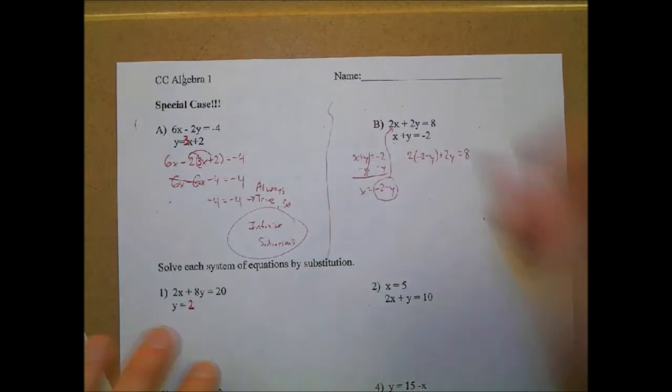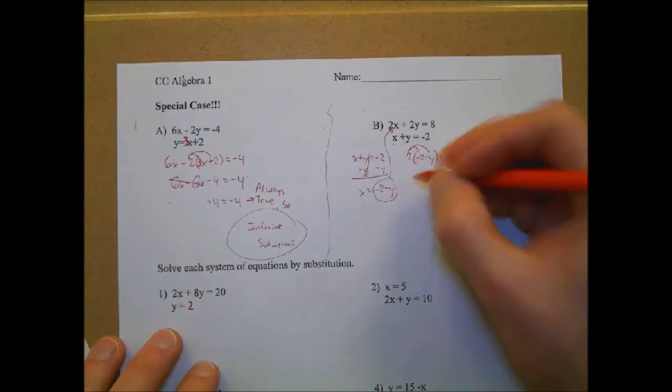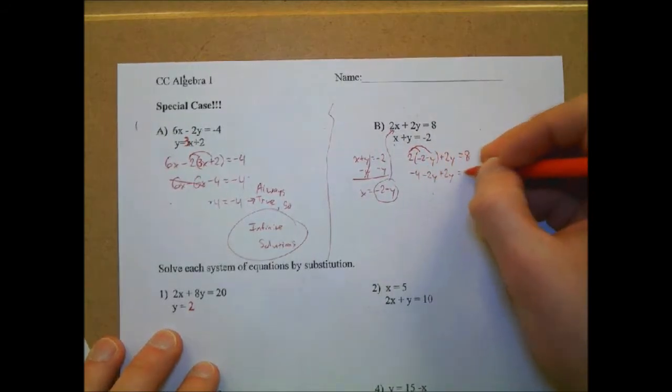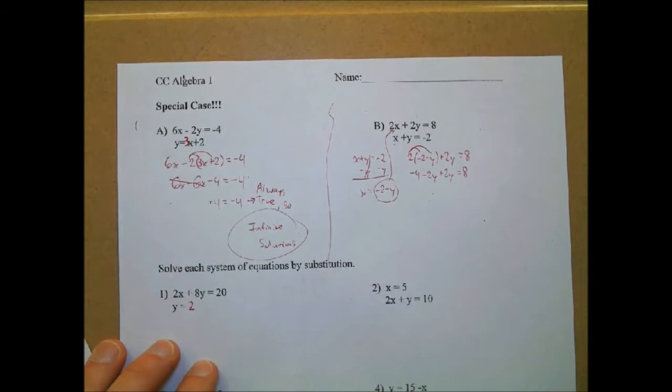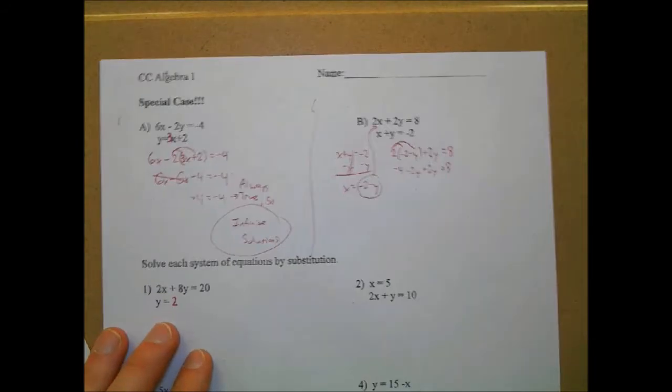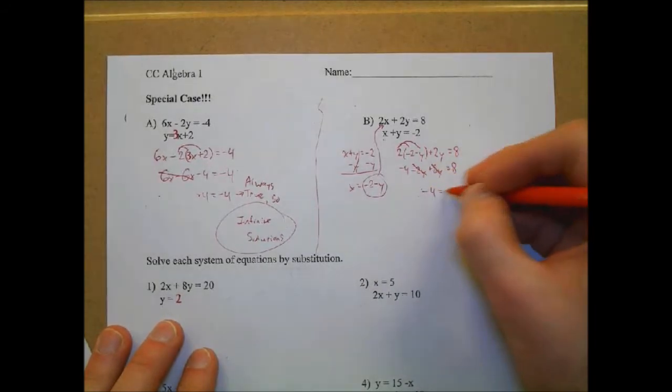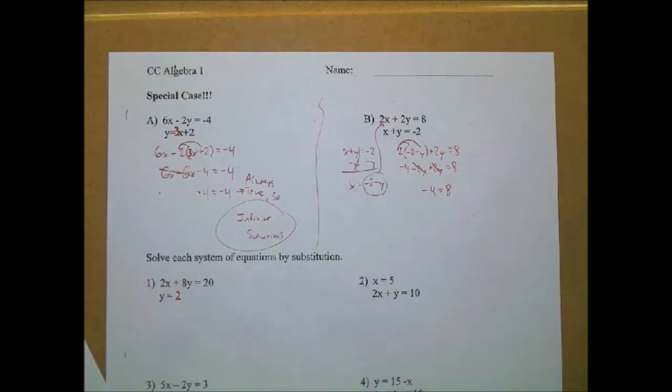Okay, distribute. -4 minus 2y plus 2y equals 8. What's going to happen here? The y's are going to cancel. Variables cancel again. We get -4 equals 8. What? We could add 4 to both sides, sure, if you wanted to.